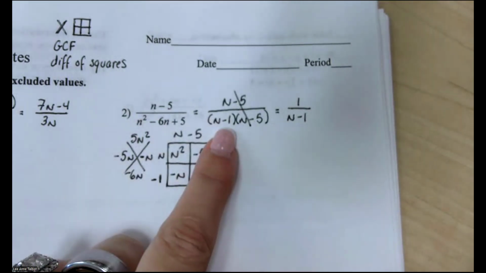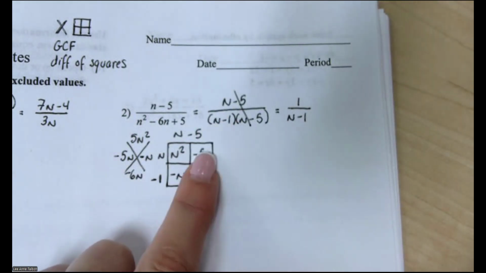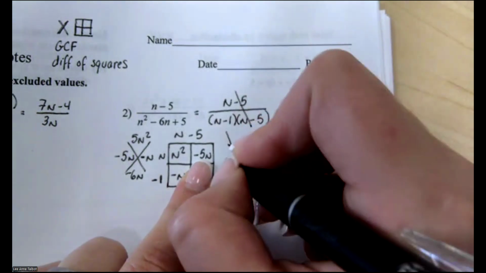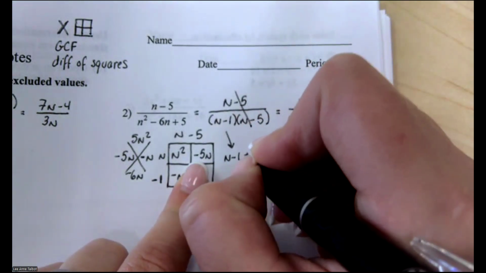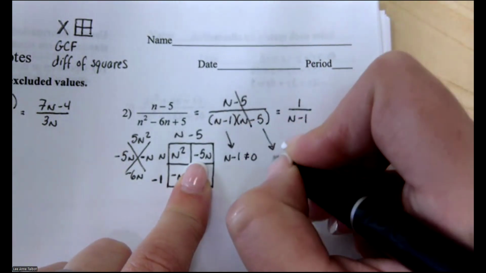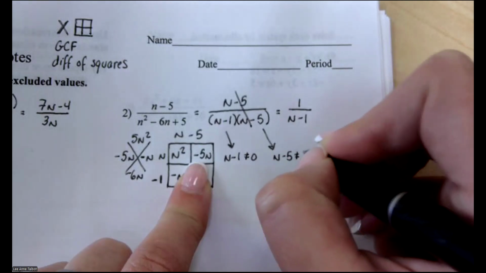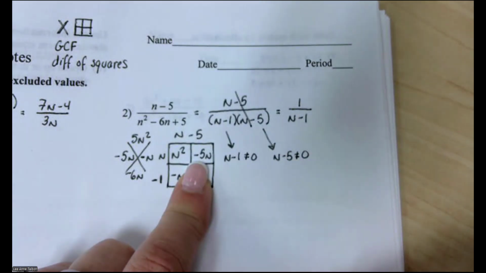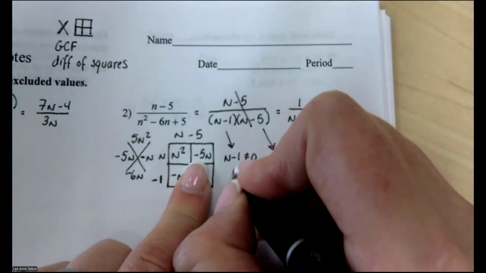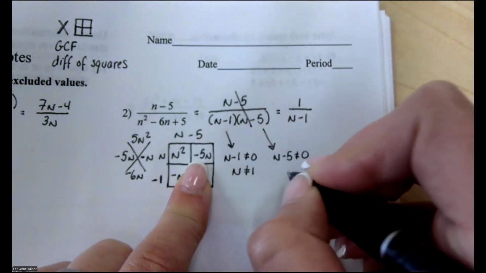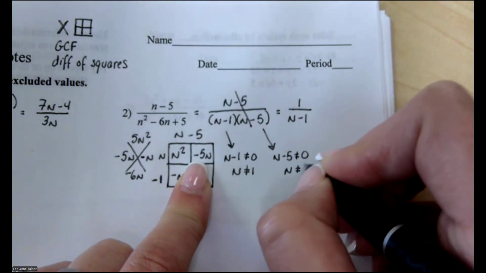Okay, now go back one step to your factored form. N minus 1 cannot equal 0. N minus 5 cannot equal 0. N cannot equal 1. N cannot equal 5.